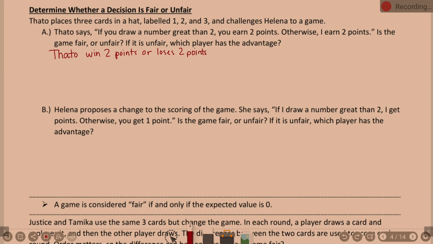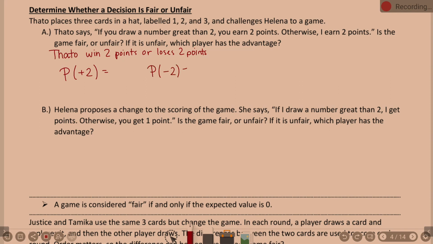Now, what is the probability that Theo is going to earn 2 points? 2/3. Yeah, and I guess I should have done the other one first.